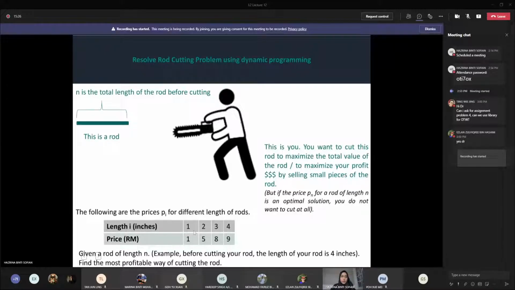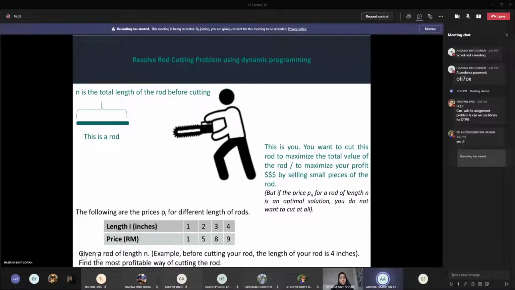Given a rod of length N, for example 4 inches, find the most profitable way of cutting the rod. Now we don't see the algorithm yet. In your opinion, what is the most profitable way of cutting the rod?